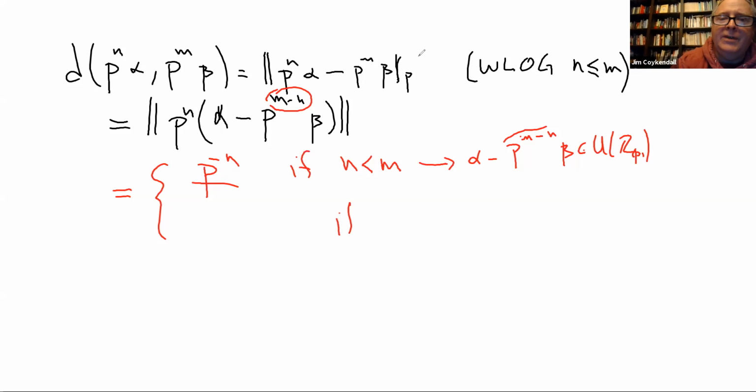Now, what happens if n equals m, which is the only other case? Well, then it's a crapshoot, right? Because what happens in this case is, this could be, well, actually, I'll do this separately here.